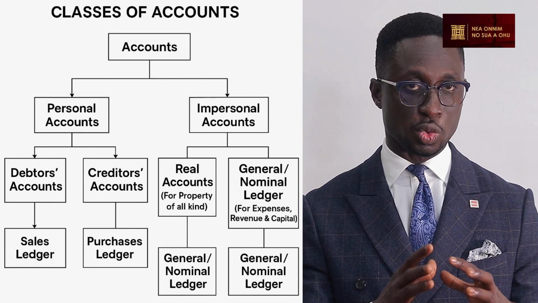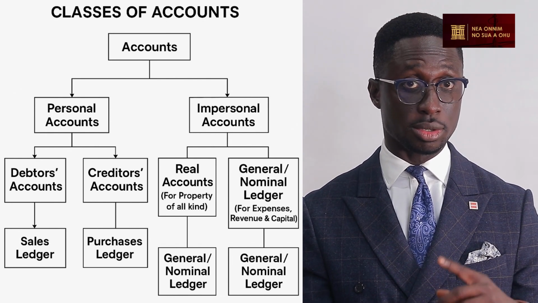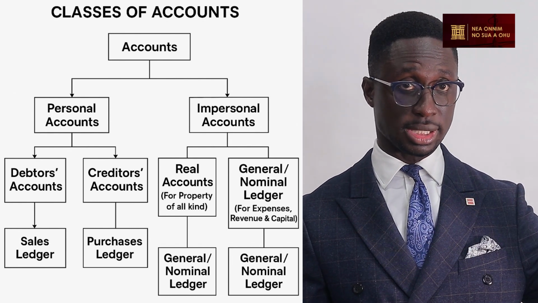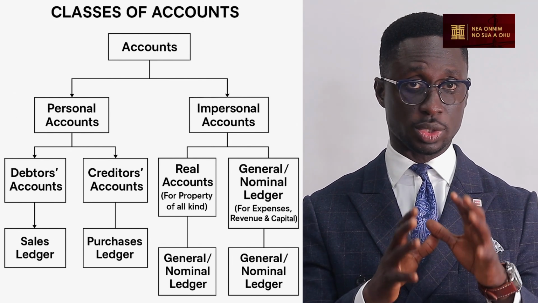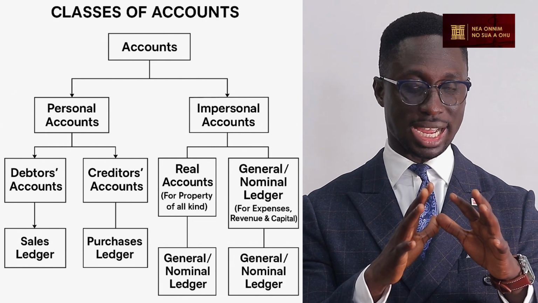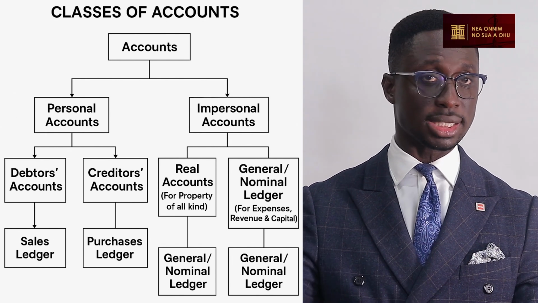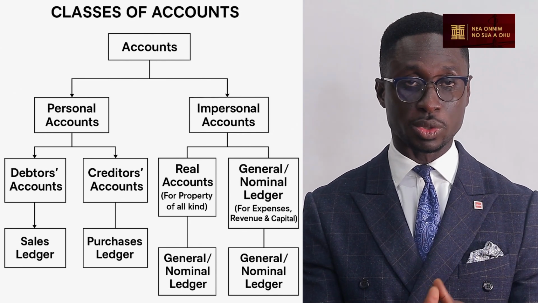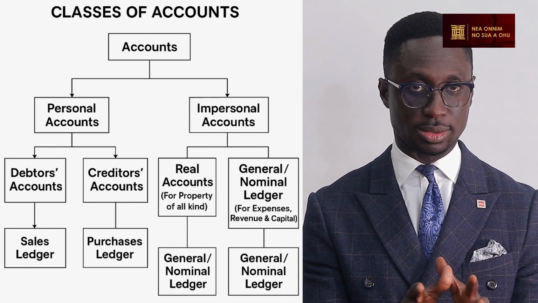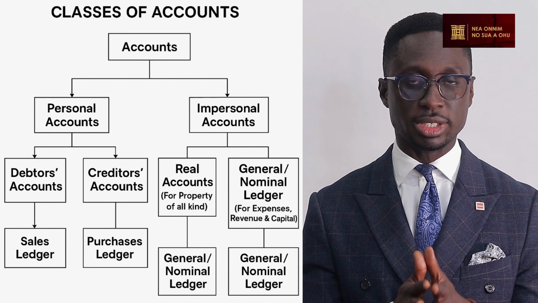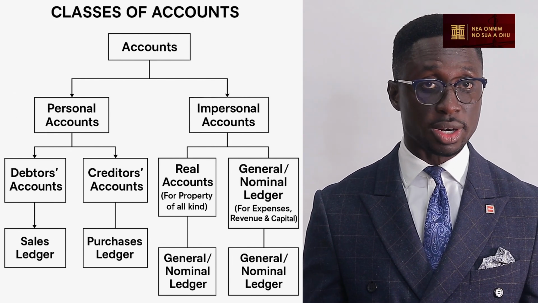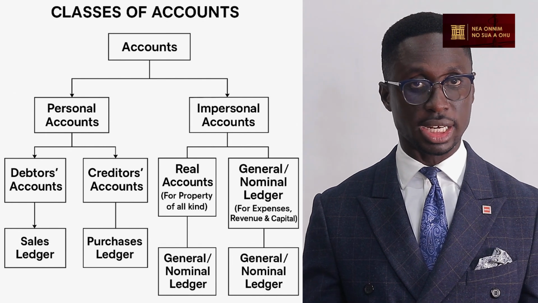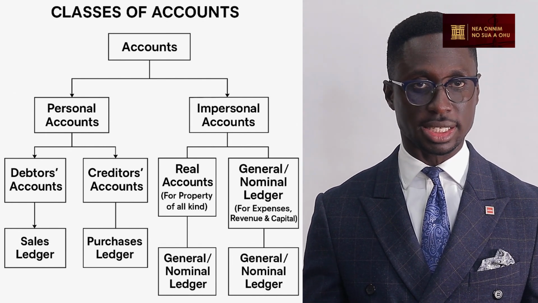You get it? They've not got to do with something like debtors or receivables. That one will sit under a personal account, all right? These are those that are not identifiable with persons, but with items or properties. And that's why we call them the real accounts. So these ones will flow down into what we call the general or nominal ledger. I hope that is clear.